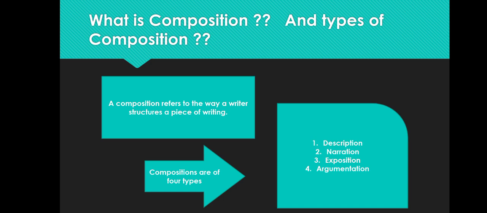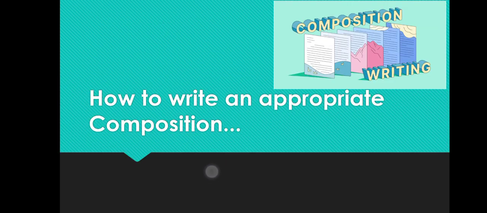So what is composition? First of all, tell me the definition without seeing. What should be composition's definition? Composition is a type of writing which you write on paper to express your thoughts, to express your visualization of a particular thing.